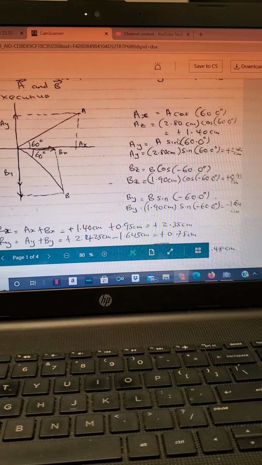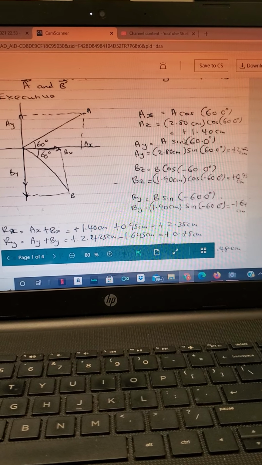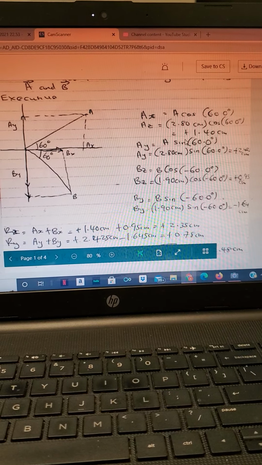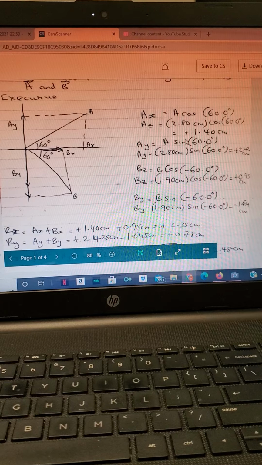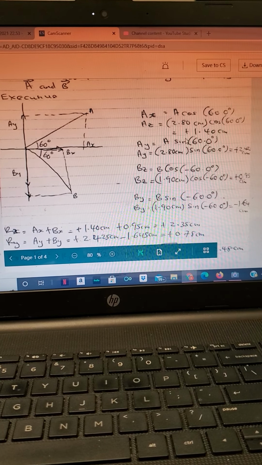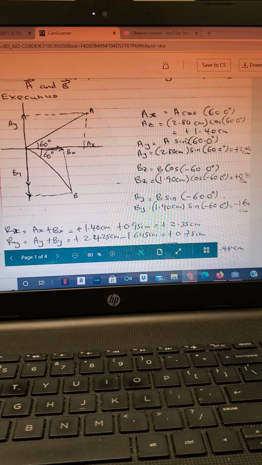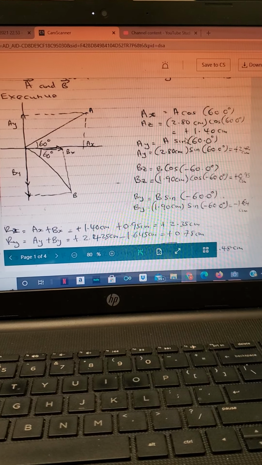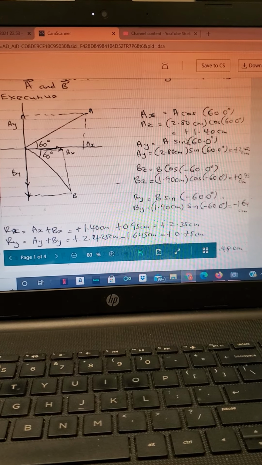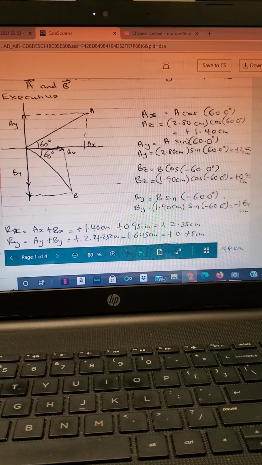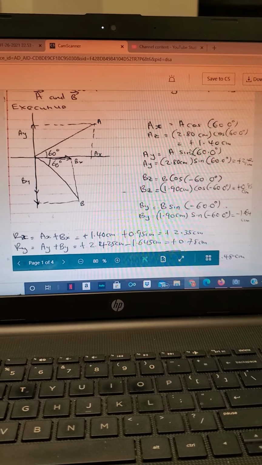I also calculated BY, which is B sine negative 60 degrees, so 1.9 centimeters multiplied by sine negative 60 degrees, which gave me negative 1.64.